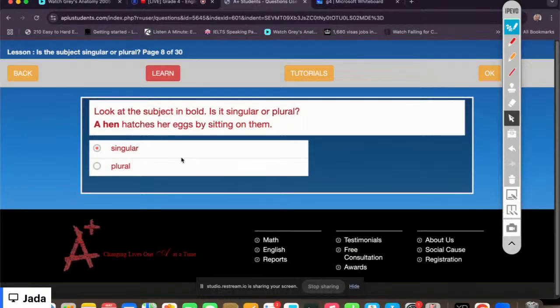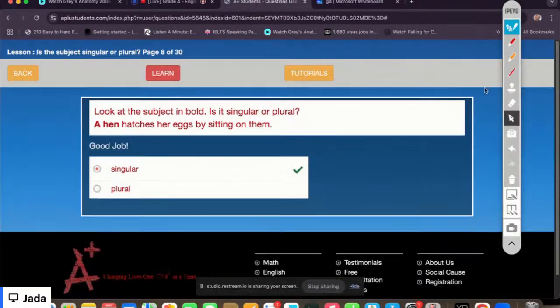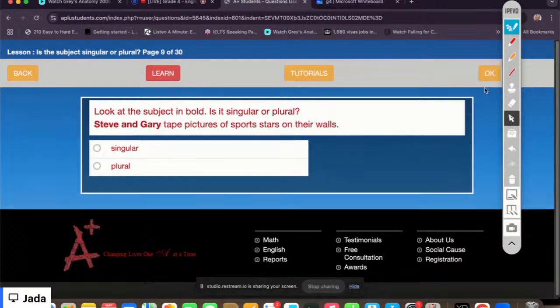Alright, so we have singular here. Steve and Gary tape pictures of sports stars on their walls. Singular or plural?